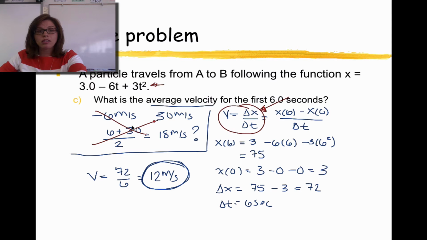Do not take the average of the velocities, because the acceleration could not be constant. In this case, with the second derivative, it might be. I'm not quite sure. This doesn't work out. This does. Always use displacement over time.